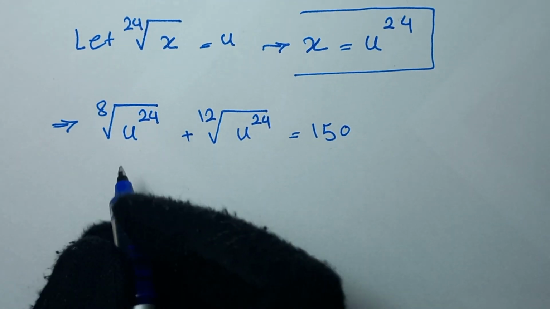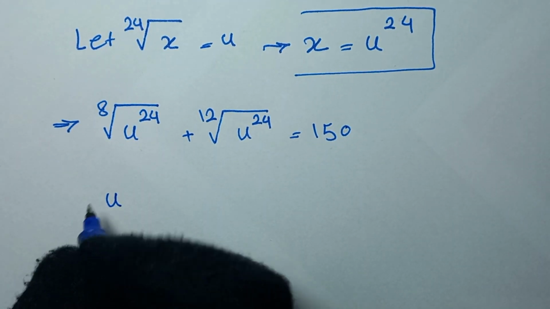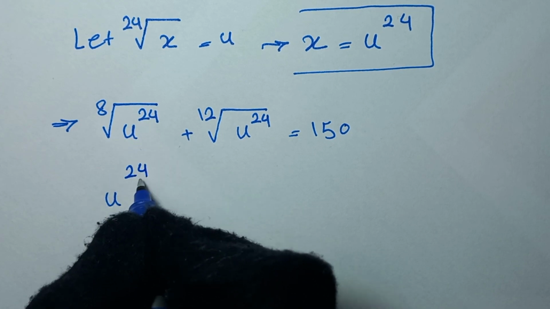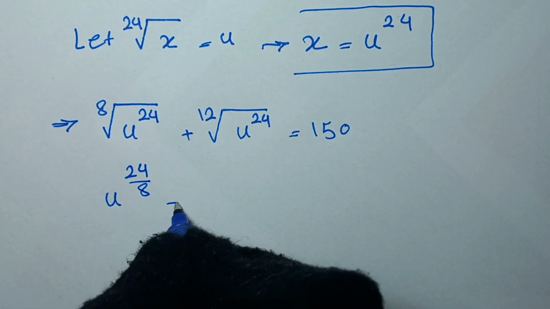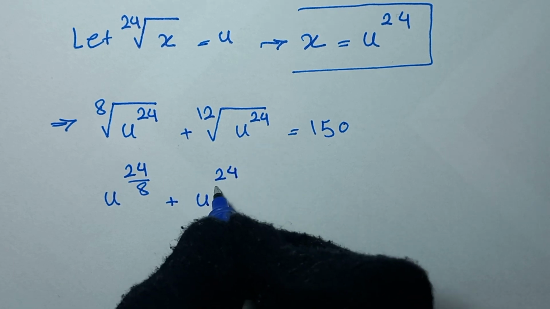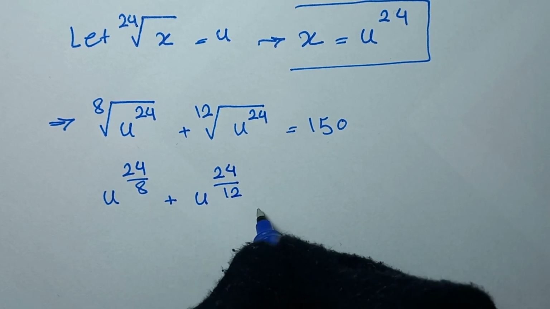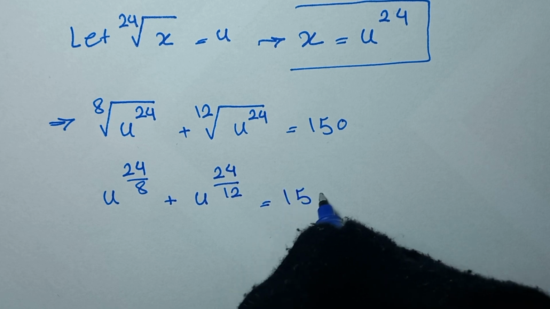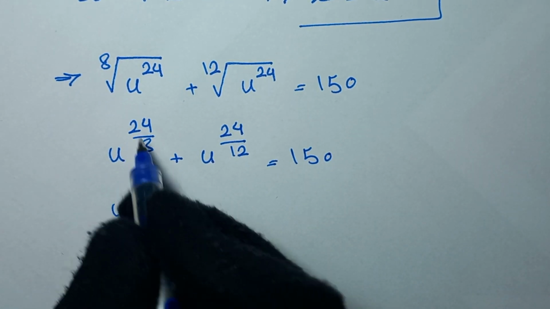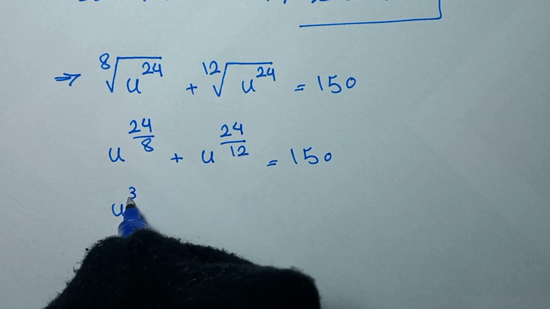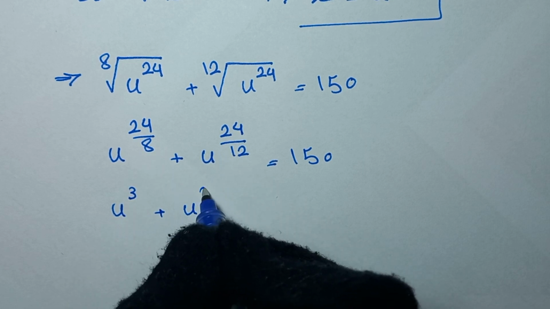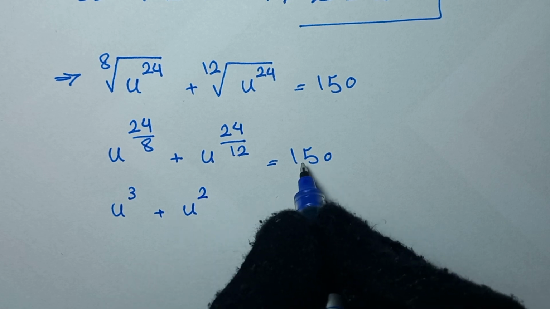And we can write this as u to the power of 24 over 8 plus u to the power of 24 over 12 is equal to 150. 24 over 8 is 3, so u to the power of 3, plus u to the power of 24 over 12, which is 2.